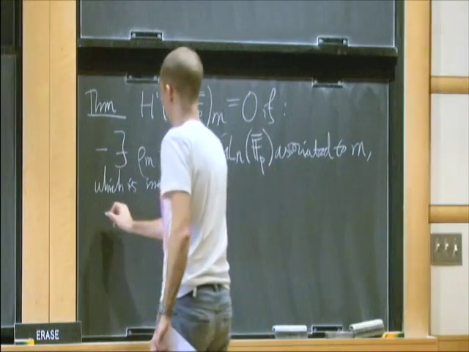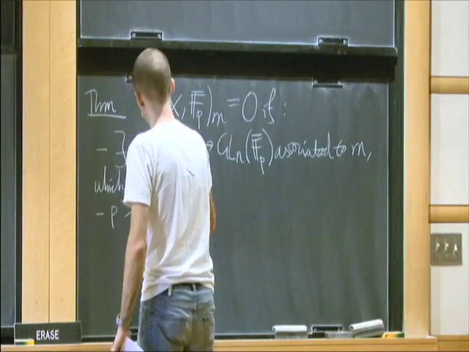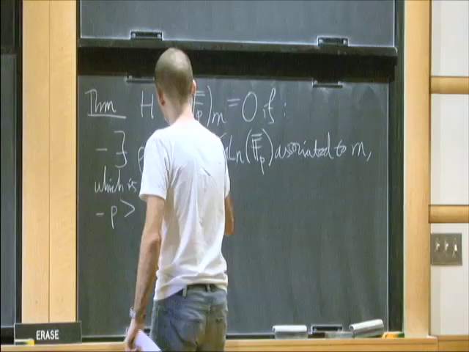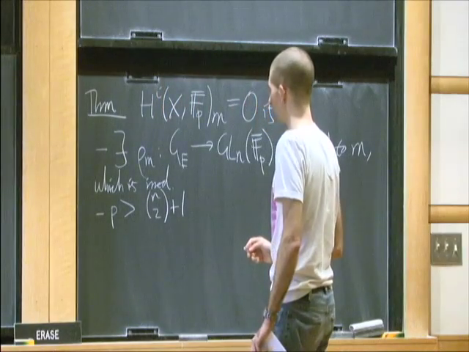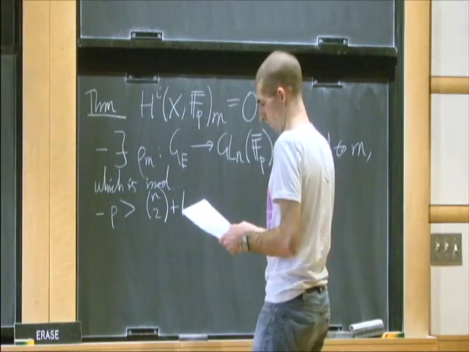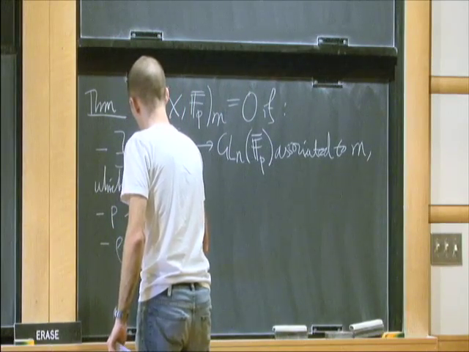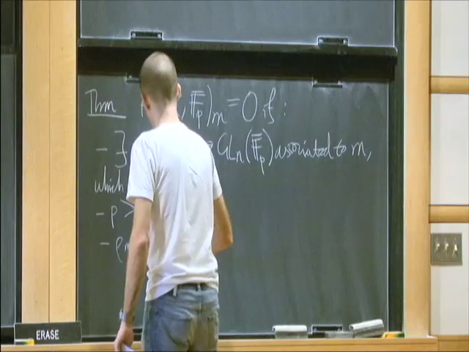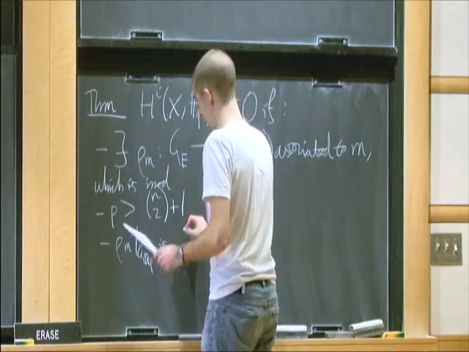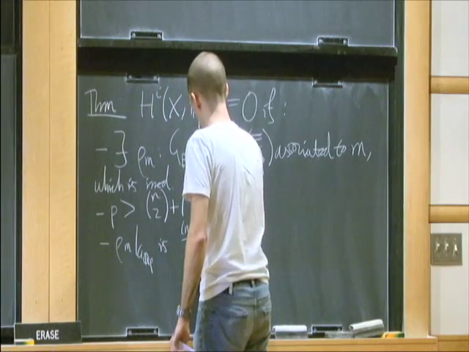We want to assume that p is greater than n choose 2 plus 1. And the assumption that this Galois representation at p is, I guess, I can say (n-1)/2 regular.